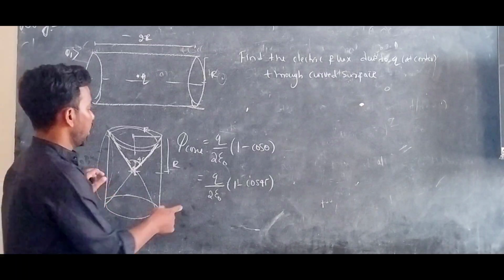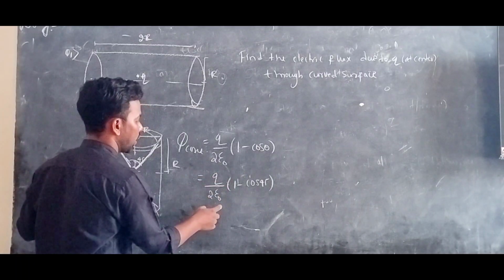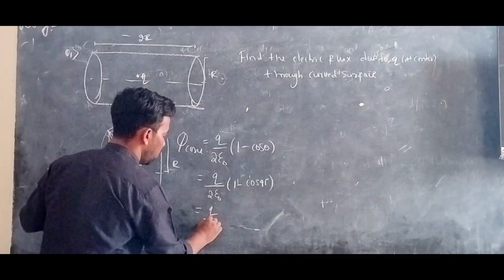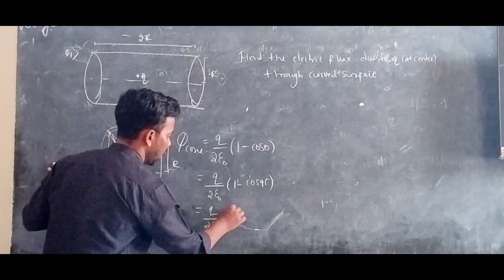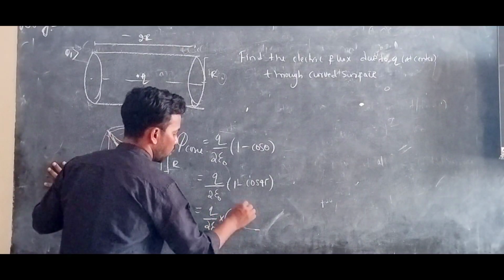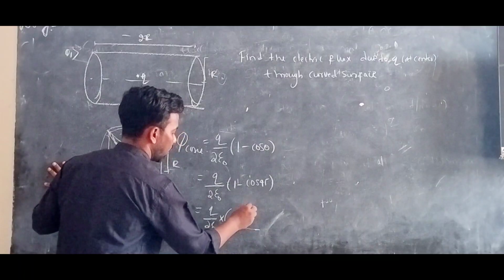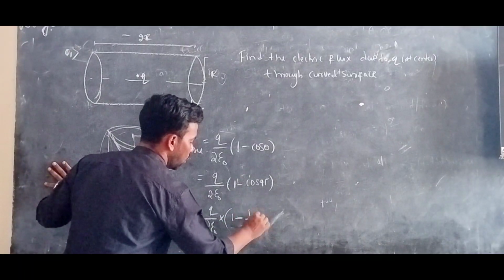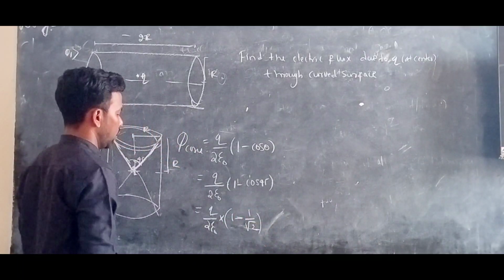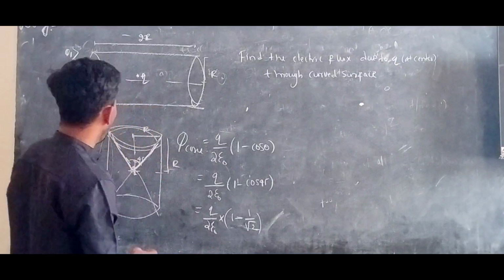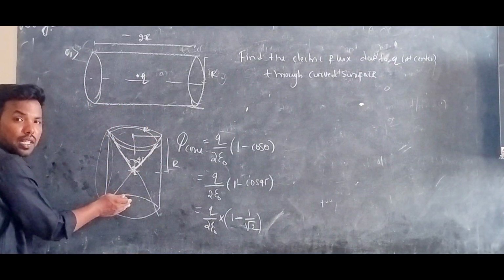Okay. Q by 2 epsilon naught. What is the value of cos 45? Cos 45 is 1 by root 2. So this is for one cone. Similarly, another cone is also there.